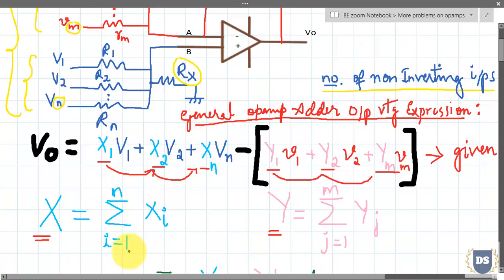The range is from i equal to 1 to n. In a similar way, j starts at 1 and extends till m.